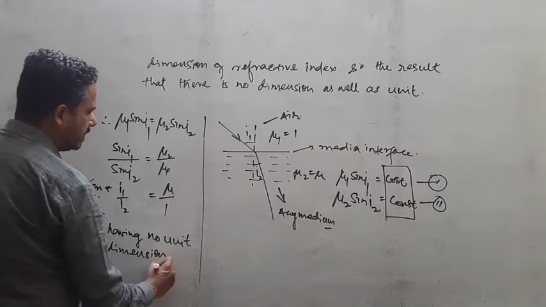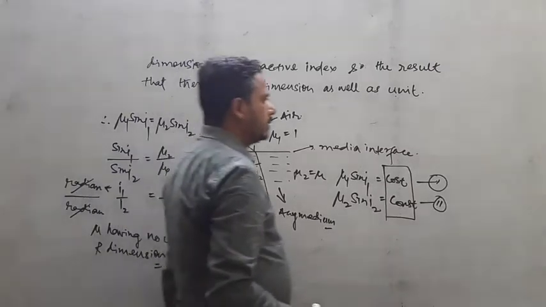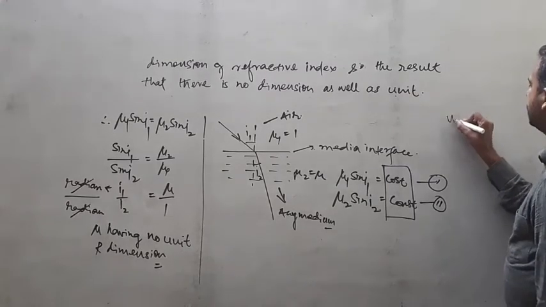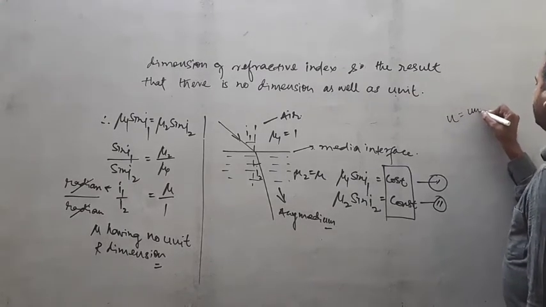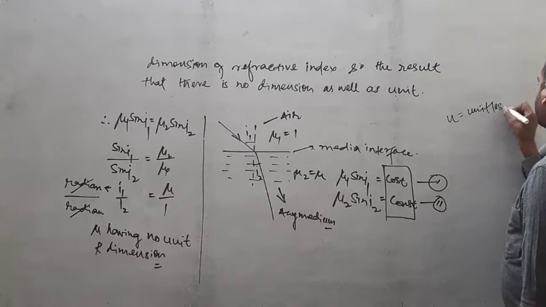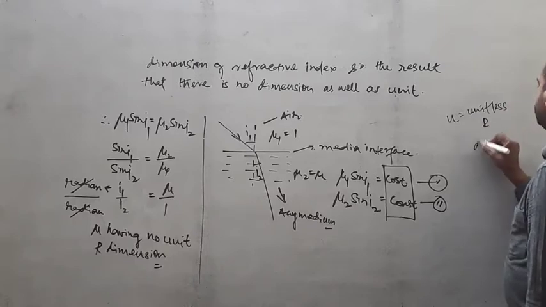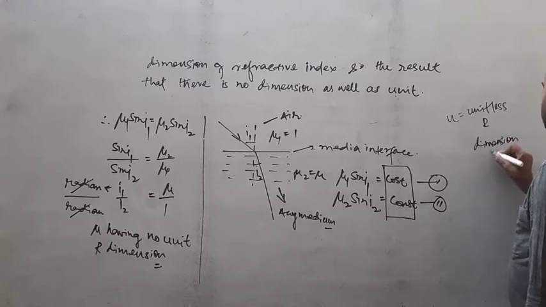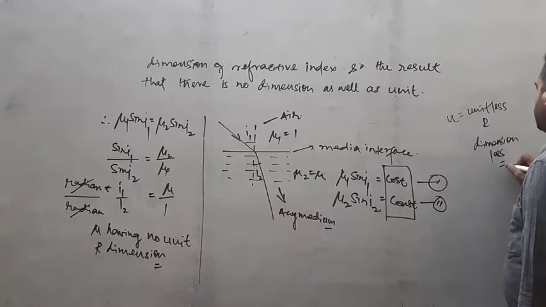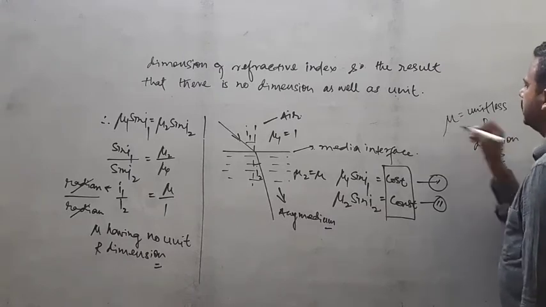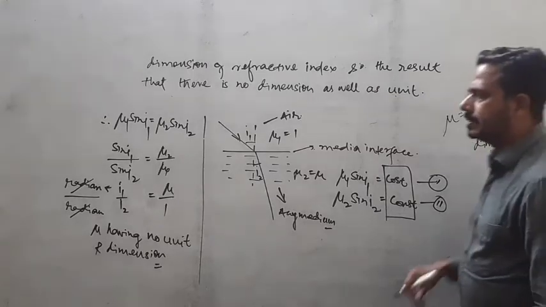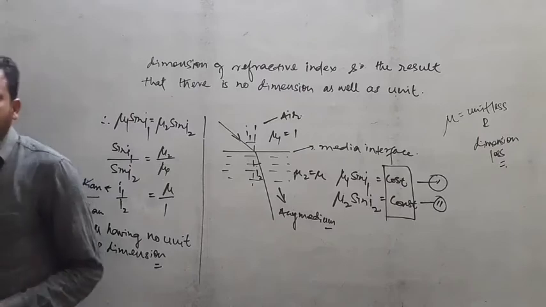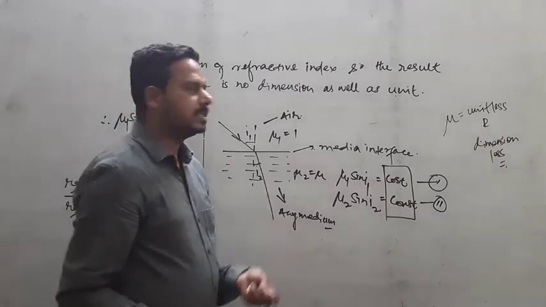That means you can say that mu is unitless and dimensionless. Unitless and dimensionless. Right? So accordingly, we can calculate one more example.